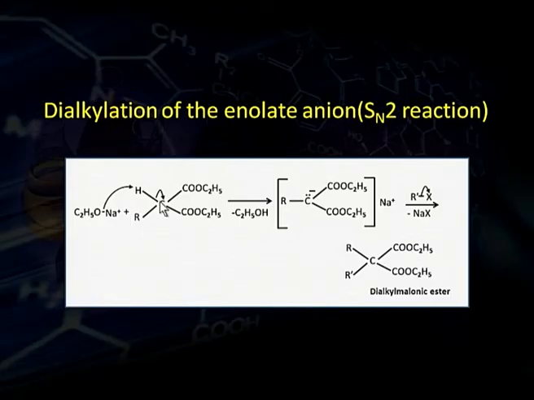This alkylated product still has one more acidic hydrogen. So, if it is treated with a strong base, it can be removed again and alkylated. When it is treated with a strong base, it is converted into an anion, and when this is treated with an alkyl halide RX, it is substituted by another alkyl group and forms a dialkylated product.